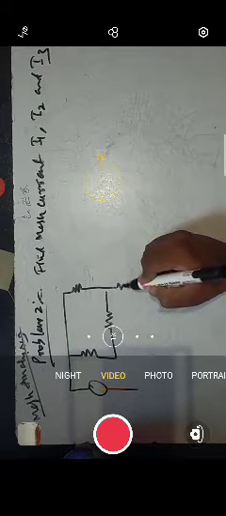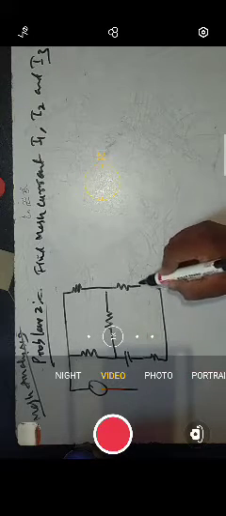Okay, here is the circuit diagram shown. In this given diagram, we need to find I1, I2, I3.